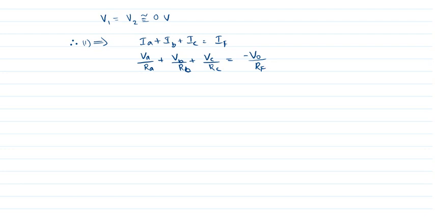So we can write in terms of V0: V0 equals minus RF by RA VA plus RF by RB VB plus RF by RC VC. This is the main equation for output voltage in the case of inverting configuration.